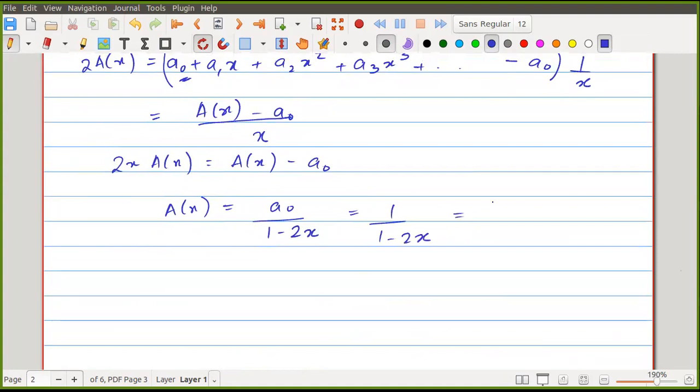And this everybody knows expands as 1 plus 2x plus 2 square x squared plus 2 cube x cube and so on, correct? So this is nothing but, this everyone recognized, 1 upon 1 minus t.